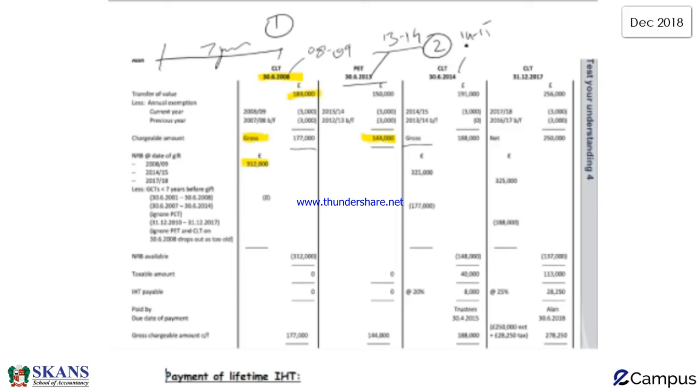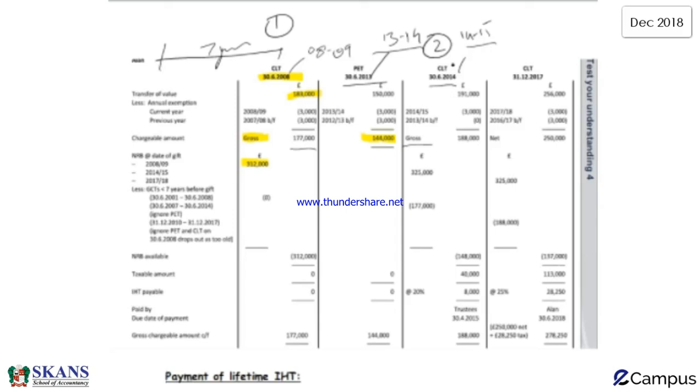First of all, what is the nil rate band for 14-15? Well, that's 325 after and of 9-10. If it is 9-10, it is 325, and for following tax years, all of it, it is 325,000. Out of 325,000, we will be deducting the gross chargeable amount of all the transfers which were chargeable transfers made 7 years before this date.